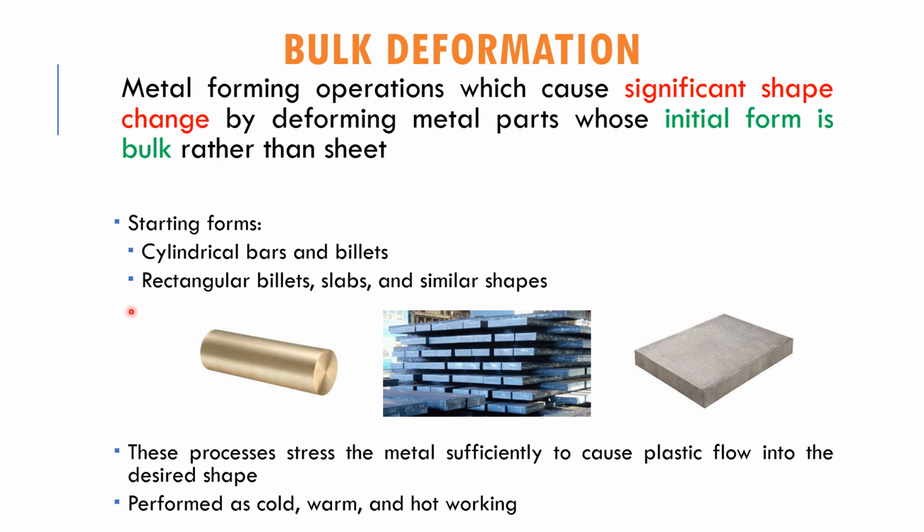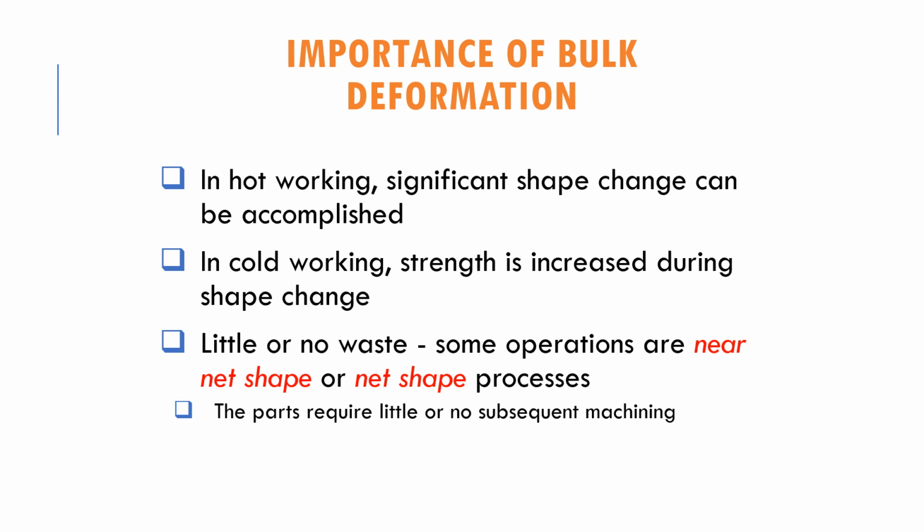It can be performed as cold, warm, or hot working. Bulk deformation processes are important because in hot working we can achieve significant shape change, and we can also perform them in cold working, where the strength of the work material is increased, and there will be little or no waste at all in the operation.